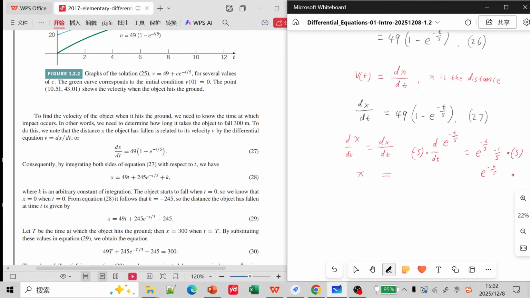And the left hand side can be changed, we put the minus 5 into this function: d of minus 5 times e to the minus t over 5, over dt. So now if we calculate the derivative of this whole function, the result is here. And if we want its antiderivative, the result should be here.